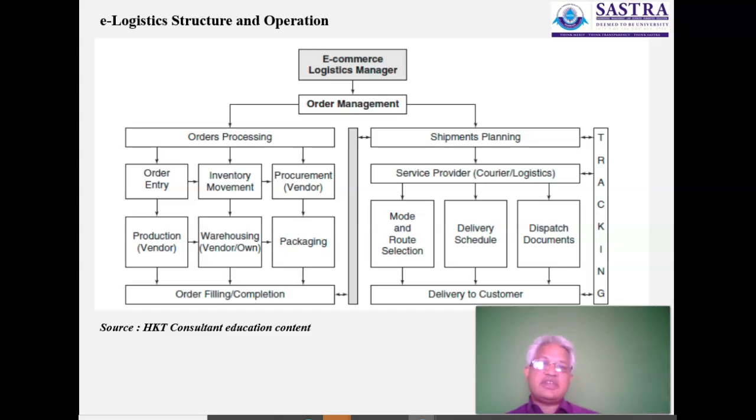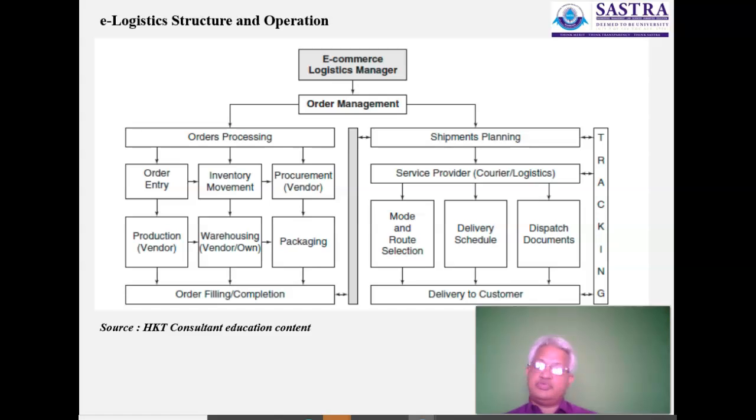Let's take the order processing part that is on the left hand side. It constitutes small boxes of activities, almost 6 of them. These are square boxes, and below is a rectangular box. Let's look at the square boxes. Order processing includes order entry.